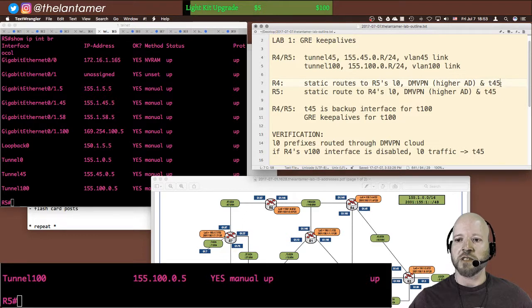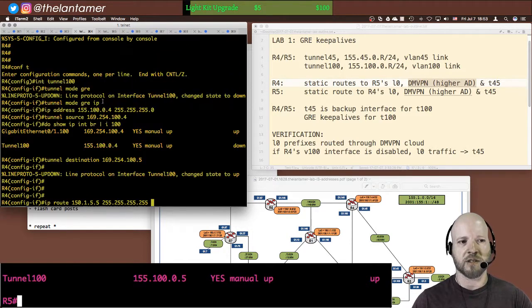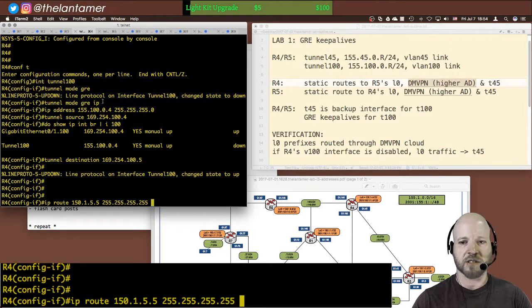But if for some reason it comes up, then that will always take priority in our static route. Which is confusing because if this goes down, that static route's going to be invalid anyway, so I don't get why we changed the distance there. Well, let's try both ways and see.